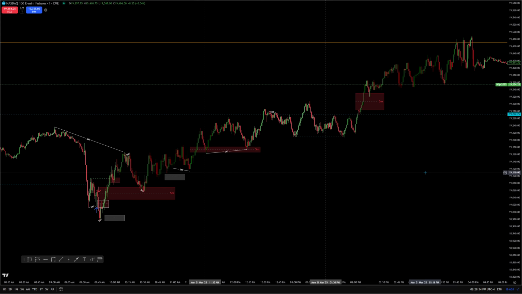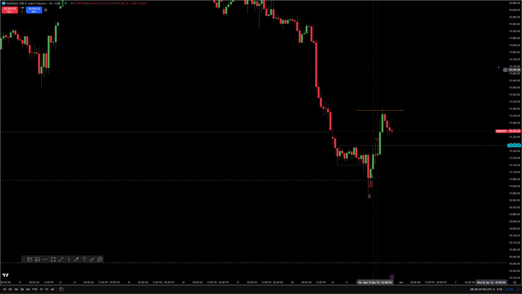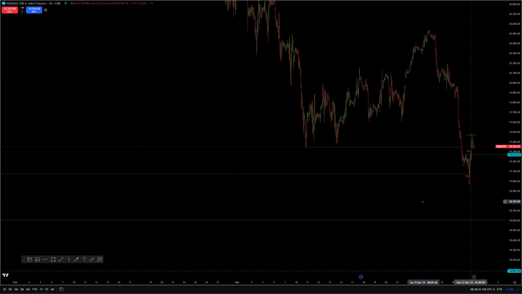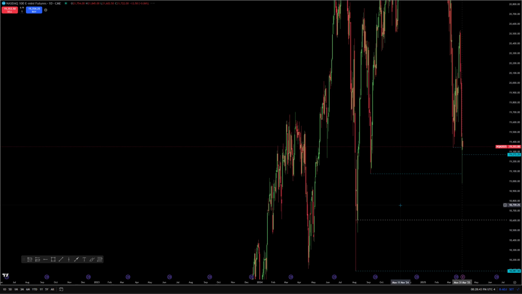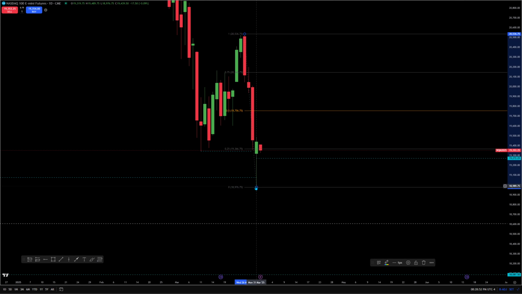So, higher time frame. I might want to see another bullish candle, because on that expansion, the expansion that we just hit equilibrium of today, we obviously hit equilibrium.